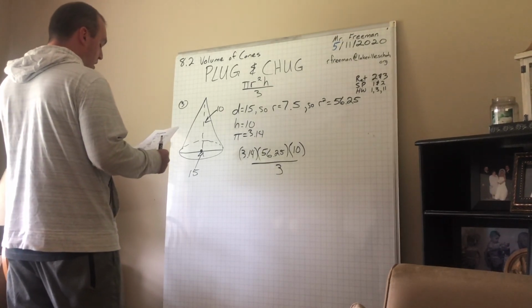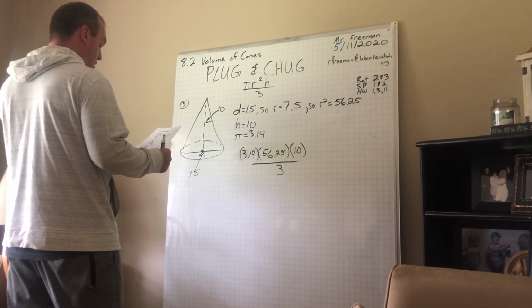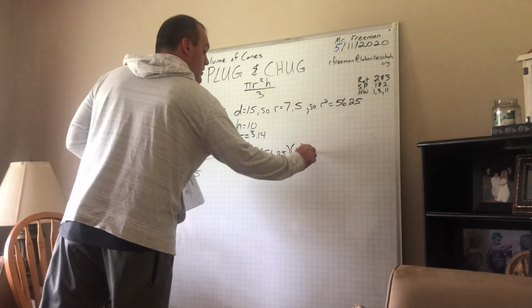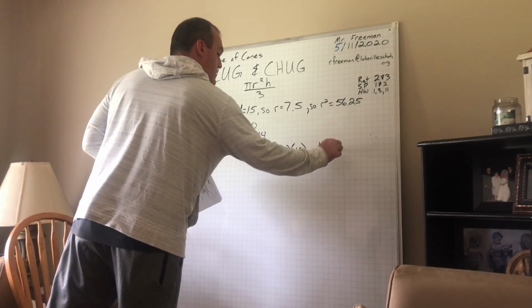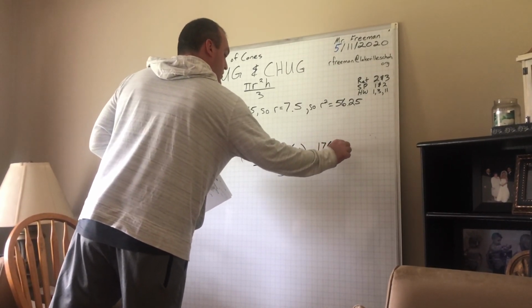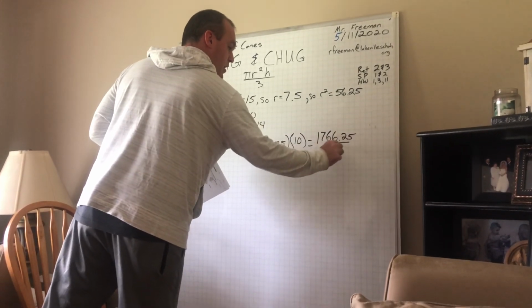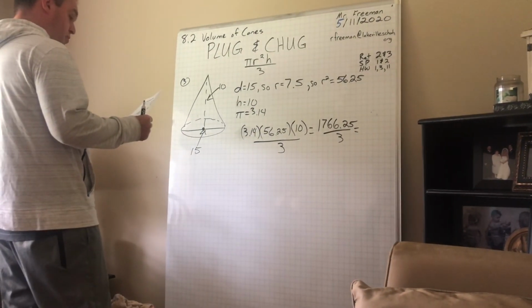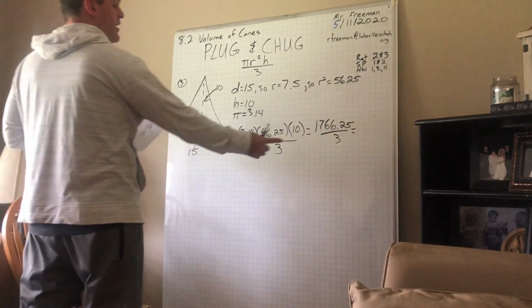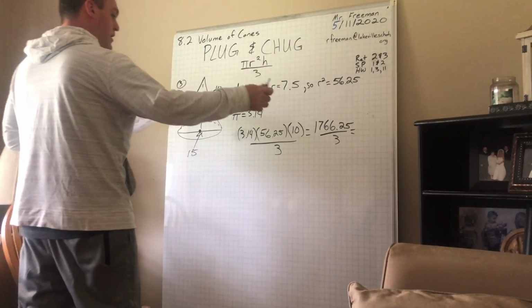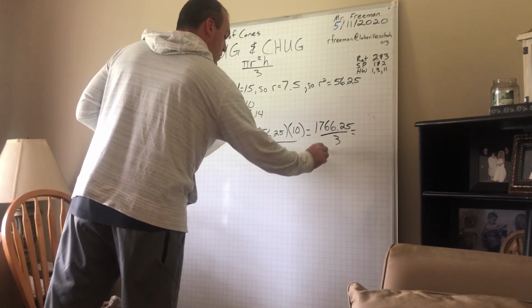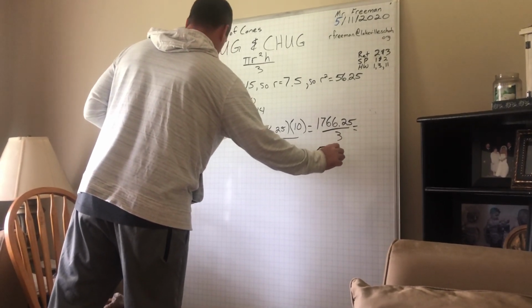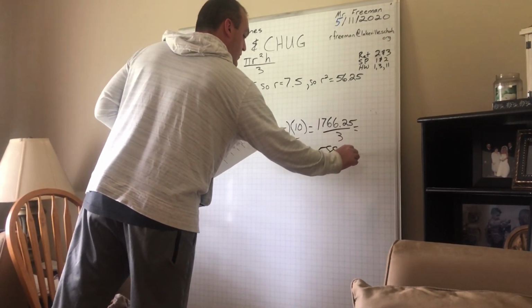When you multiply all those out, you get 1,766.25, and we're going to divide that by 3. If you type 1,766.25 into your calculator and divide it by 3, you're going to get roughly 588.75.